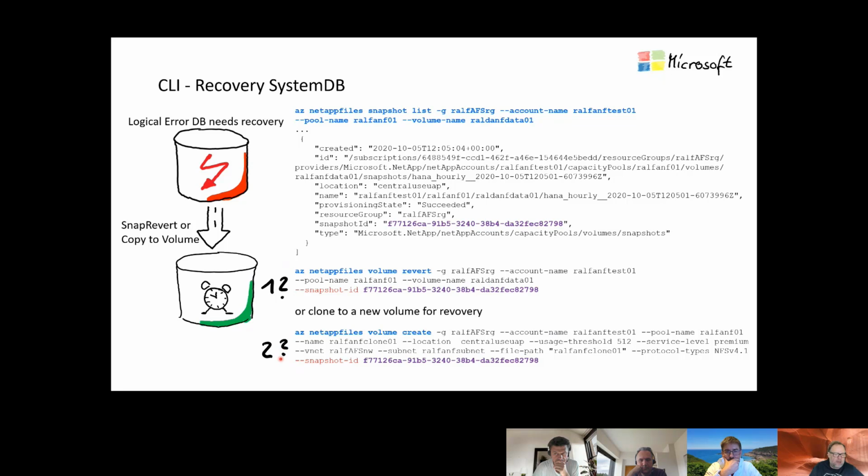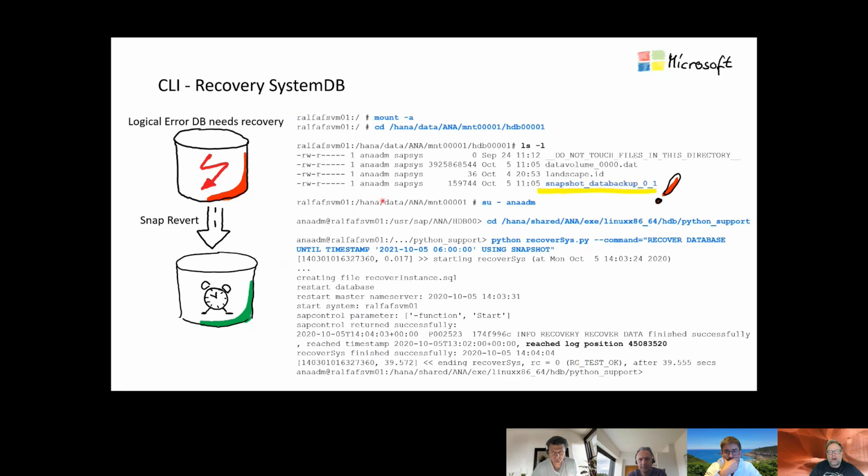So my recommendation here would of course be number two. Then after you modified your /etc/fstab, where you put in the new location of your new data file, you mount the new data file and go into that Python support and run that recovery database. So those are the manual steps we need to do.